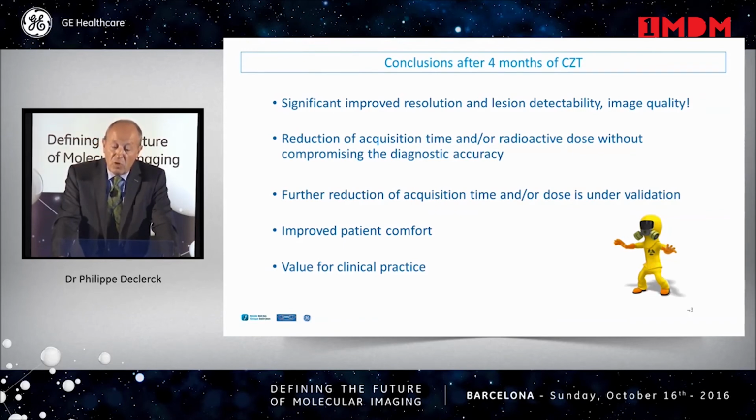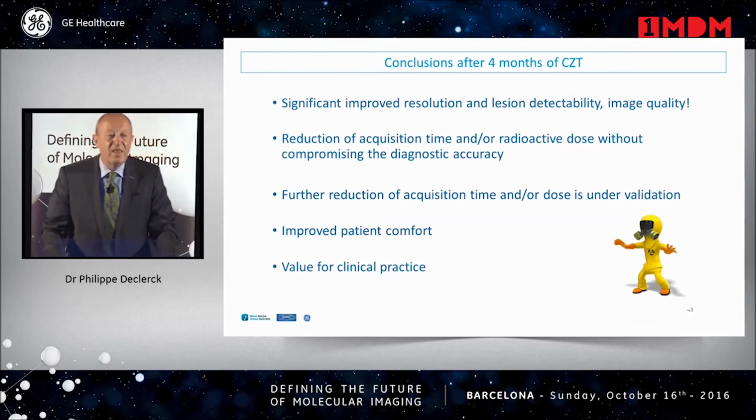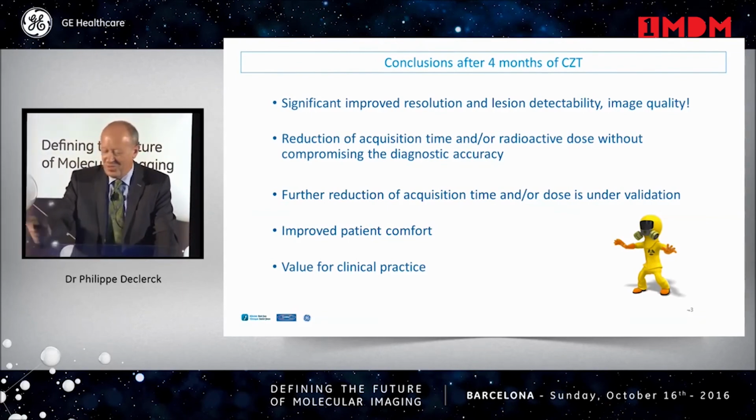Further reduction of acquisition time is under validation. We have improved patient comfort because they are less irradiated or we work faster, and it's certainly an important value for my clinical practice. And I thank again GE, and I thank the whole staff from my hospital, and I thank Jos.